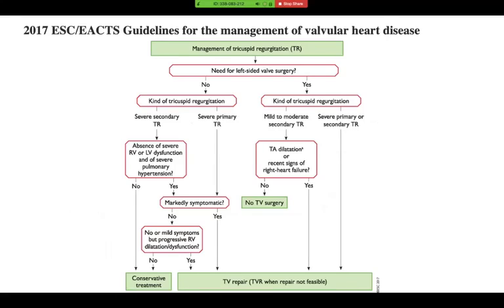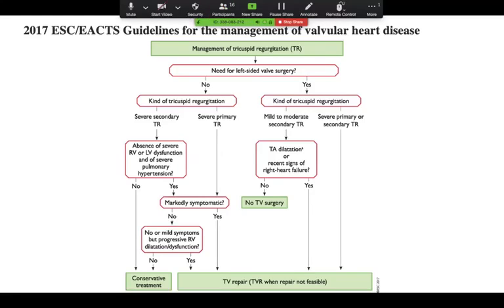This is the European Society of Cardiology and cardiothoracic surgery guidelines in the management of tricuspid regurgitation. They have given it in a slightly different way. They divided it by the need for left-sided surgery.